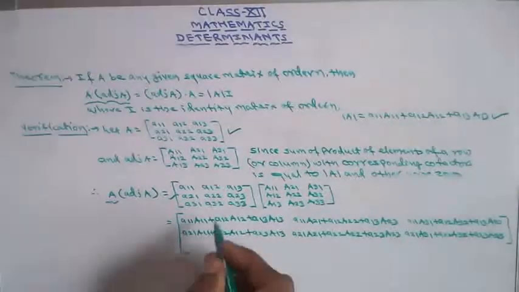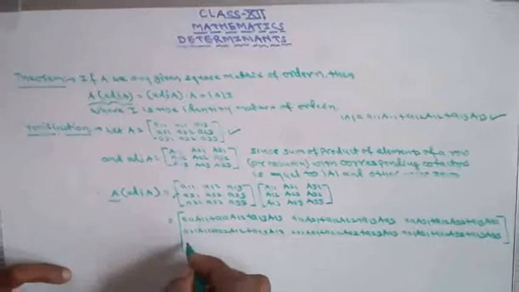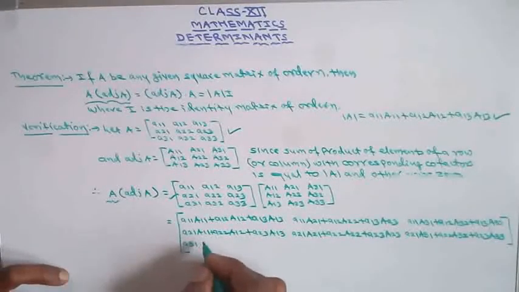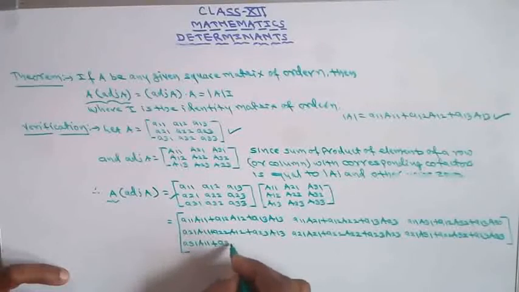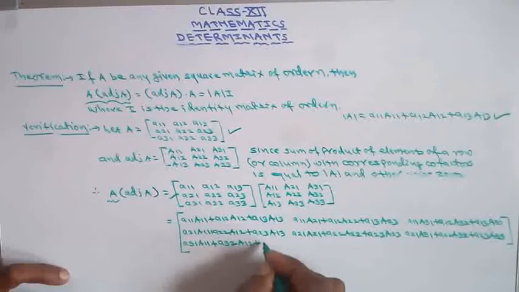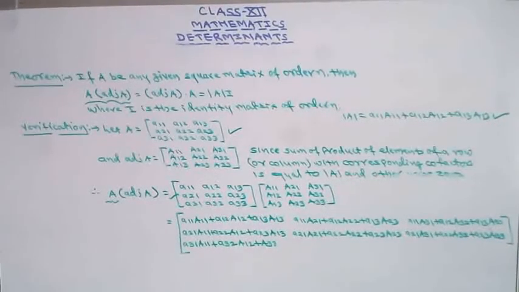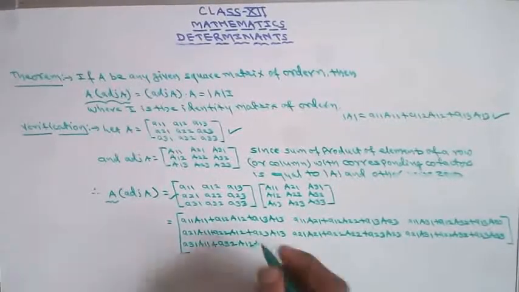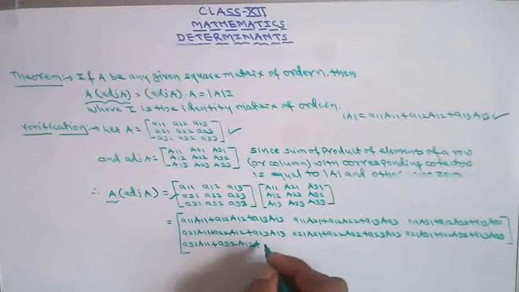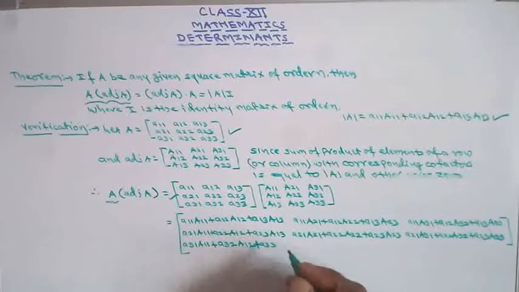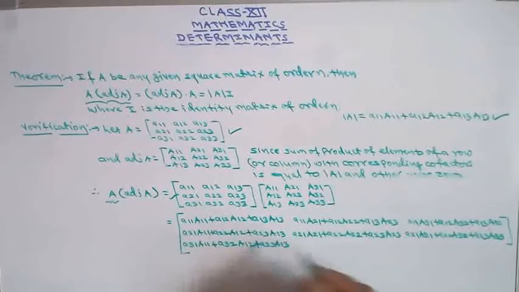Okay, now third row, first column: a31 capital A11 plus a32 into capital A12 plus a33, it is small, sorry, small a33 capital A13.